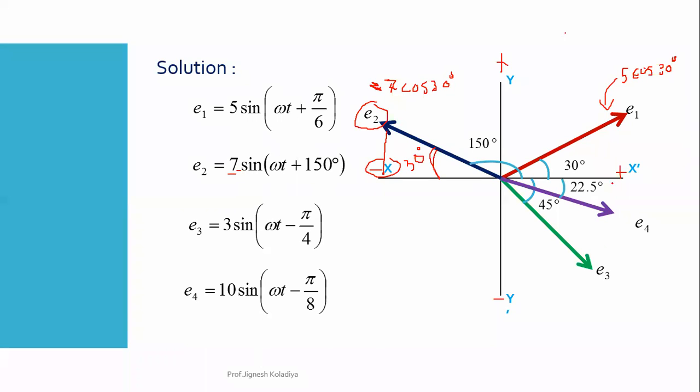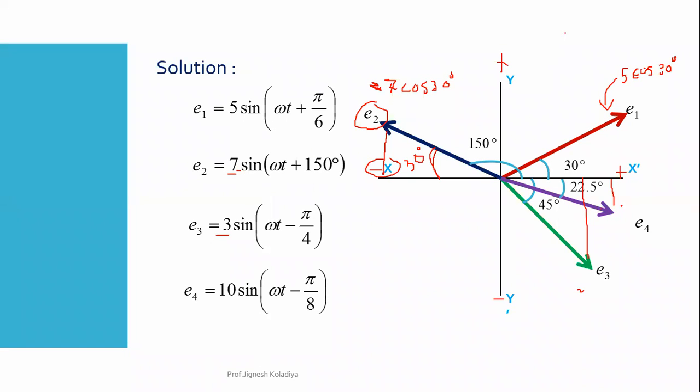Okay. What about E3 and E4? For E3, the magnitude is 3. So I can write 3 into cos 45. Yes, very good. 3 into cos 45.